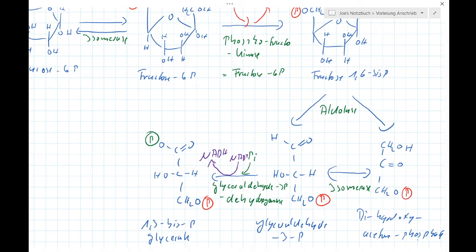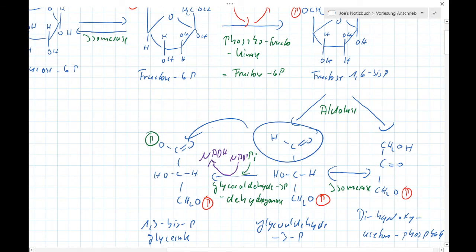You see, however, based on the structure formula, what happened is I have an oxidation of my aldehyde group into a carboxyl group. And at the same time, I had a coupling of an inorganic phosphate to this carboxyl group. And you remember what that is. This is a phosphoanhydride. Phosphoanhydride, because it's an acid-acid bond.